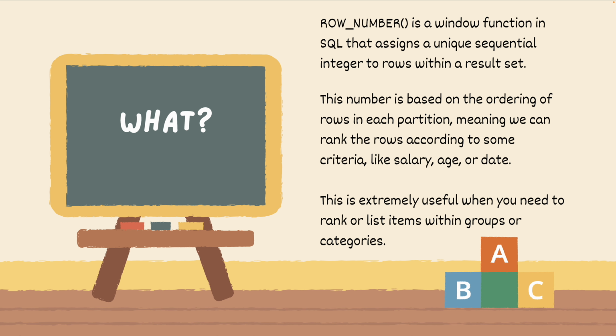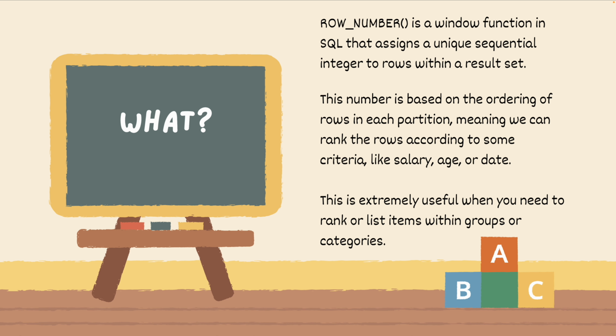So basically it works on the ordering of rows in each partition. For example, here we are talking about employees ordered by age. We can also talk about employees within each department ordered by age, right? So we can rank the rows according to some criteria. It is extremely useful when you need to rank or list items within groups or categories.